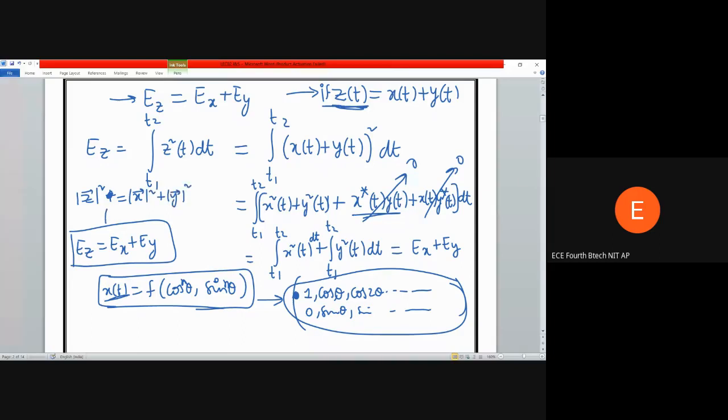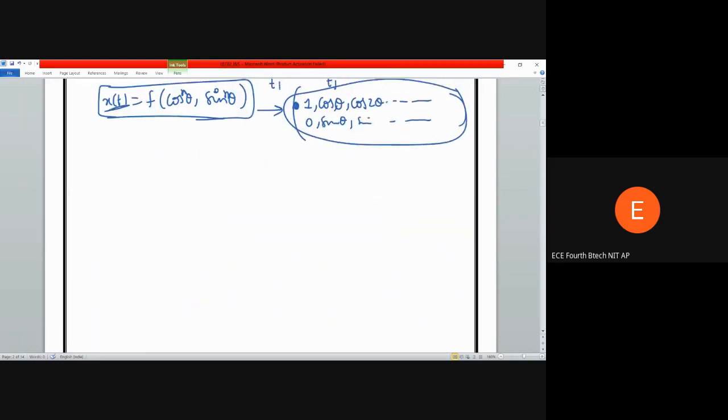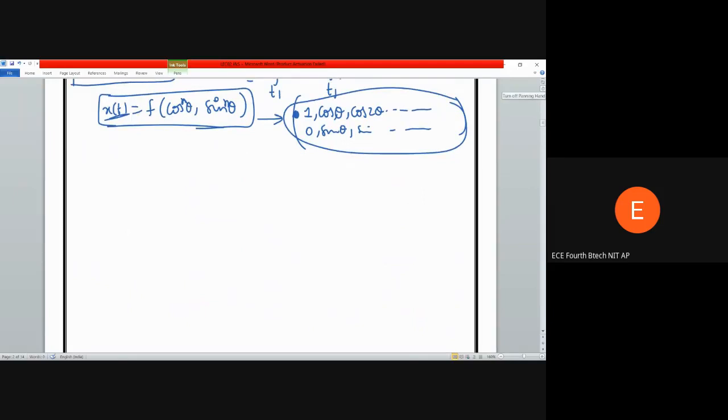This is for vectors, and the equivalent is for signals.